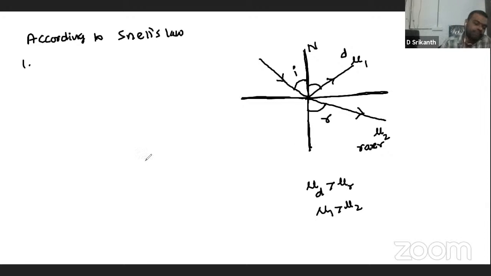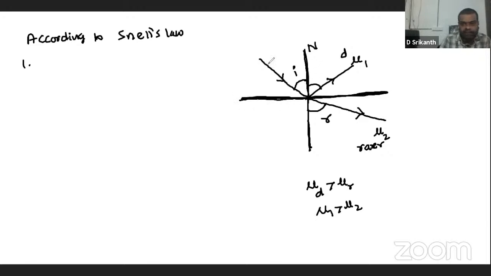Now I will apply Snell's law. Snell's law states that the product of refractive index times the sine of the angle is constant.